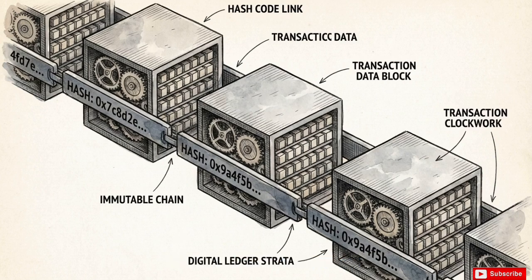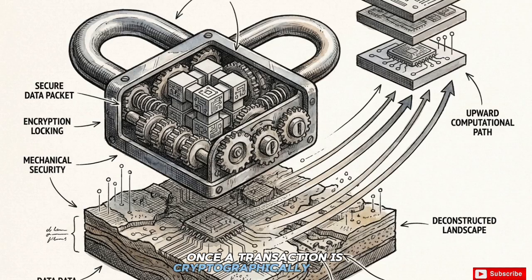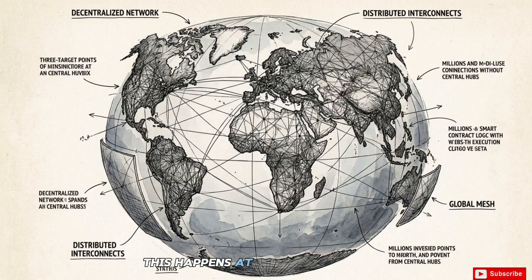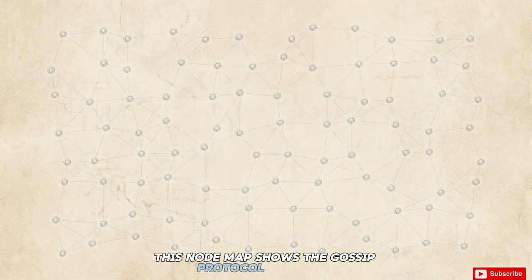Once a transaction is cryptographically signed, it needs to reach the rest of the global system. This happens at the network layer, which operates over a decentralized peer-to-peer topology with no central routing servers. This node map shows the gossip protocol in action, a technique based on epidemic spreading.